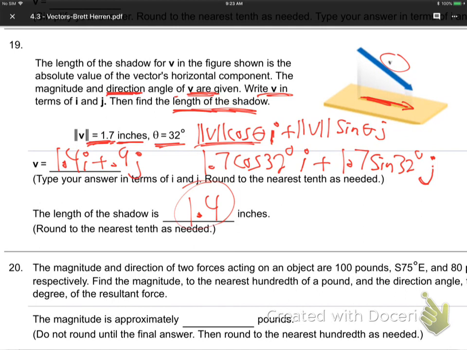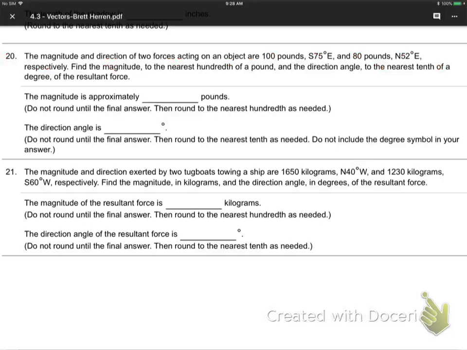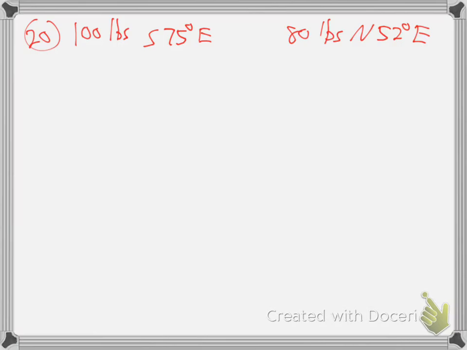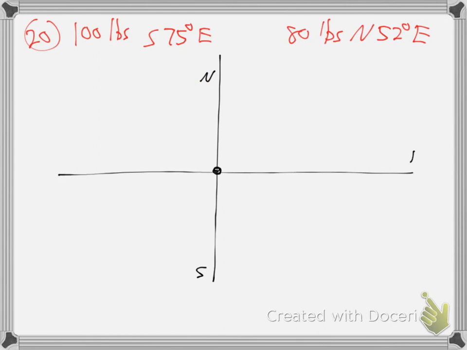Good. And so they want me to draw it and find the magnitude and all that stuff. Okay. So what we do is we take a look at it like that. And we start from the origin. Remember that? And we got north up here, south, east, and west. So we're going to go south 75 east. Remember how that works?